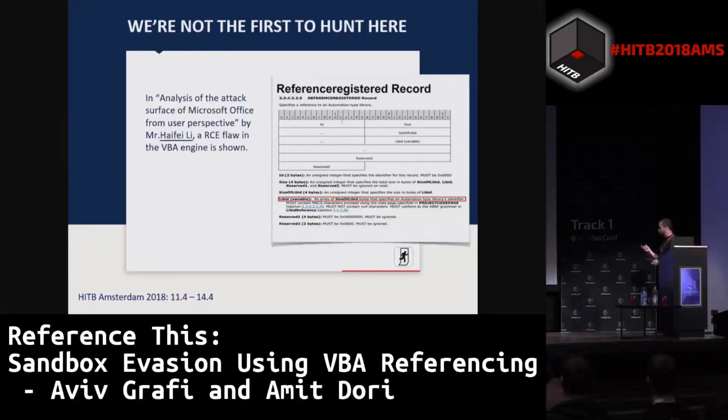By the way, you can see here the image from his presentation. And this is the field where you can specify the path to the automation type library which will be loaded.